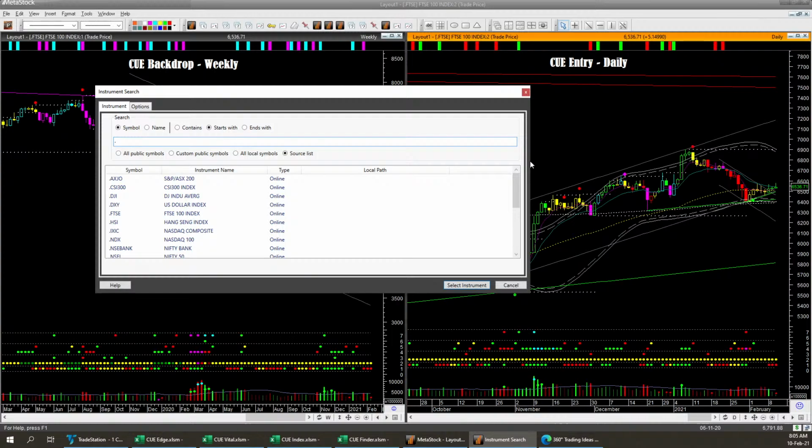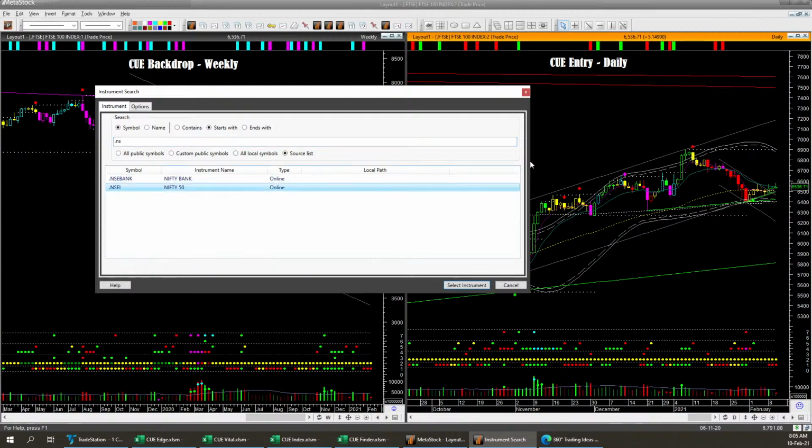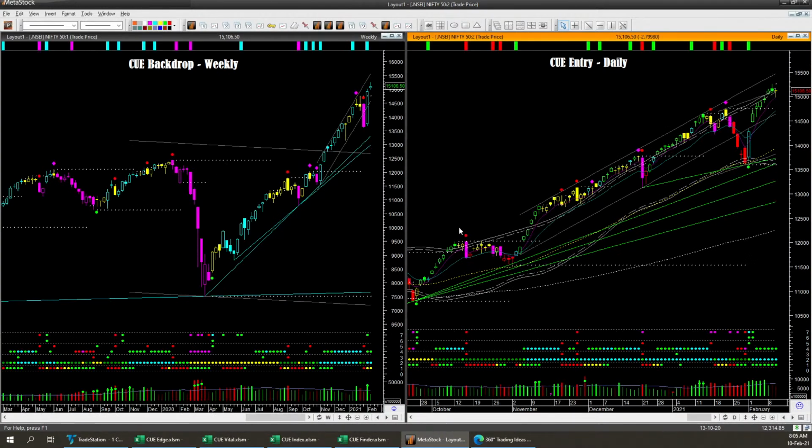Lastly, India's Nifty 50 index. That was the strongest of the global markets. This market also has an upper tail, similar to another global market that we saw.